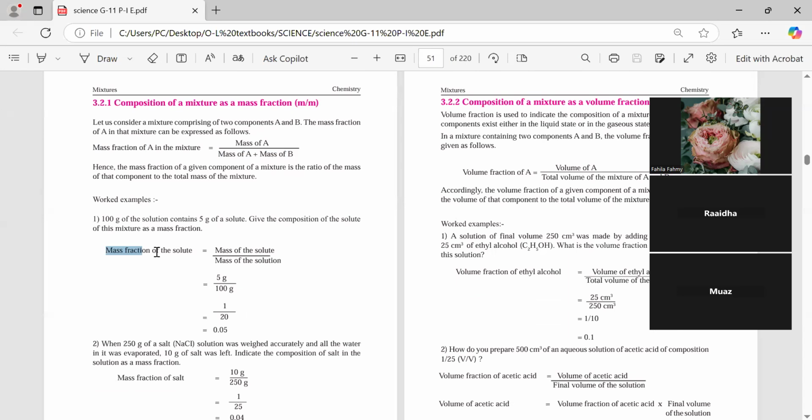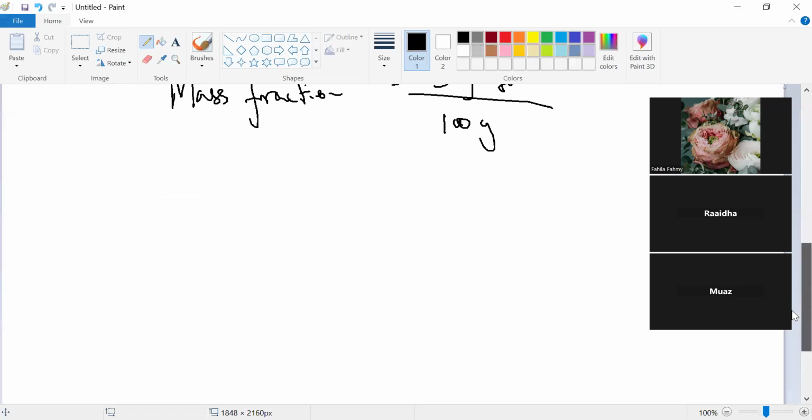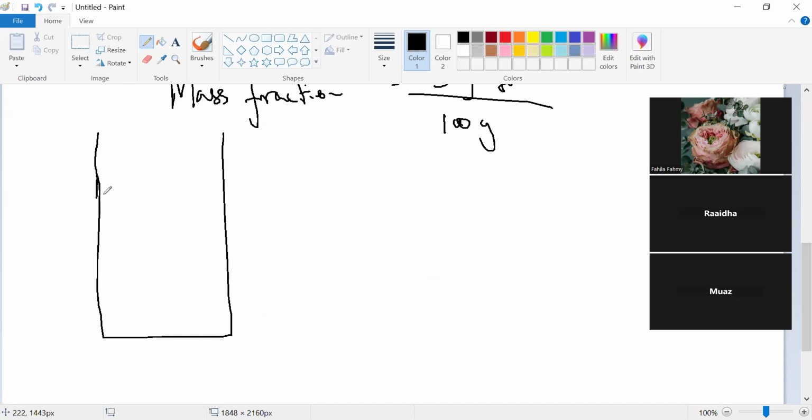So look at this example over here, Puta. If they tell you to calculate the mass fraction of a solute. Now these terms you know, right? Solute, solvent, solution. When you dissolve something of a powder-like substance, what do we call it, Puta? The solute. What you are dissolving, we call the solute.